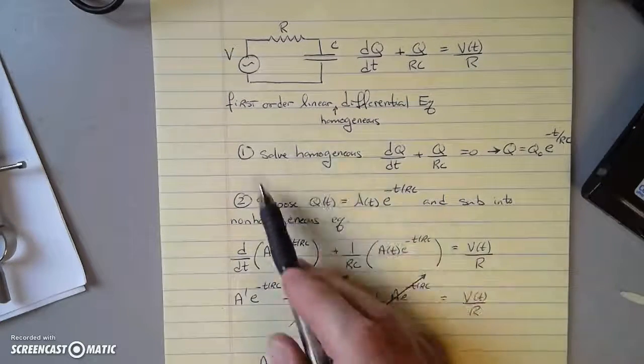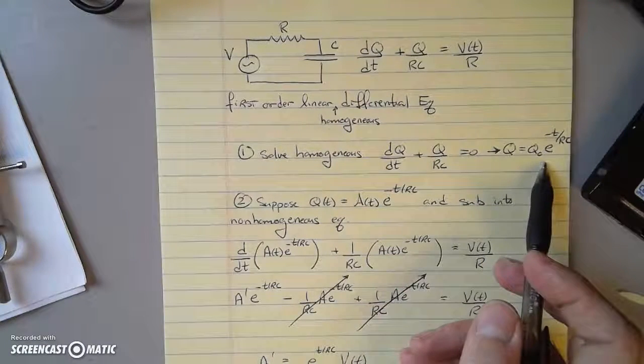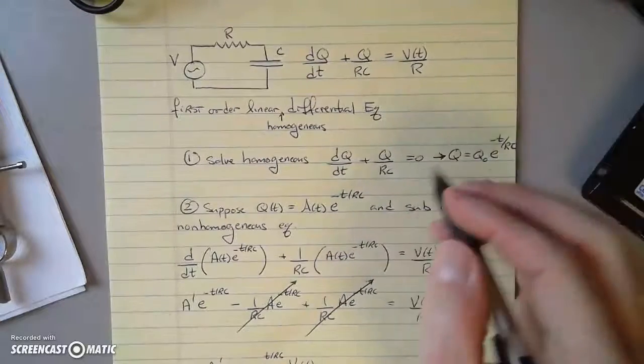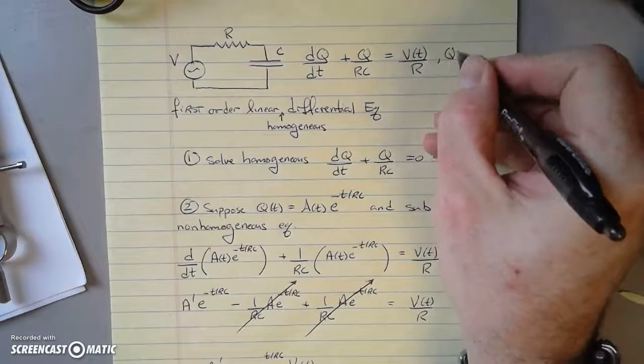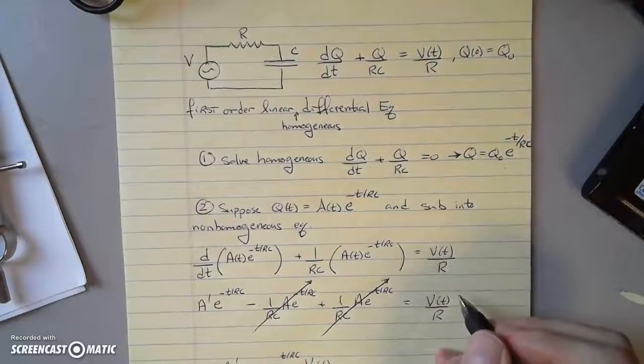Step 1, we did this to solve the homogeneous version. It's a decaying exponential. Let me add an initial condition here. So Q of 0 is some charge on the plates.